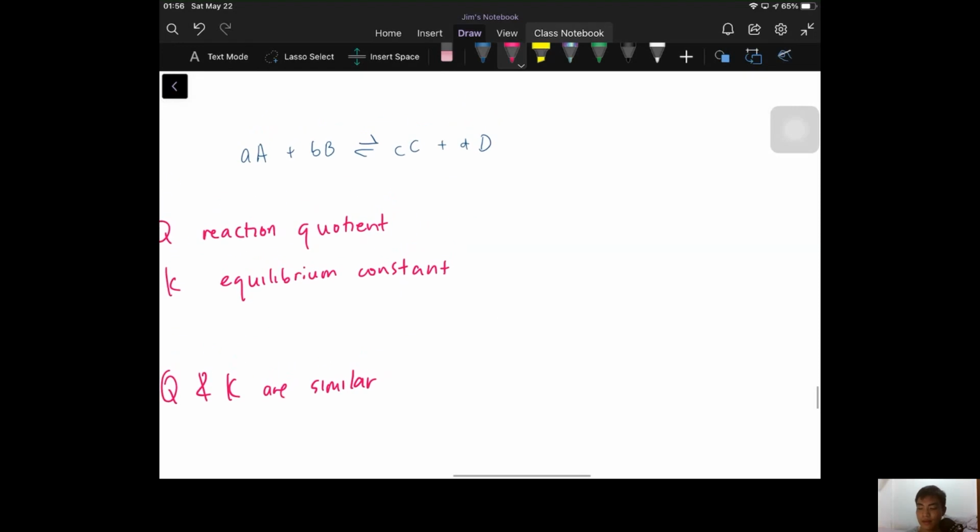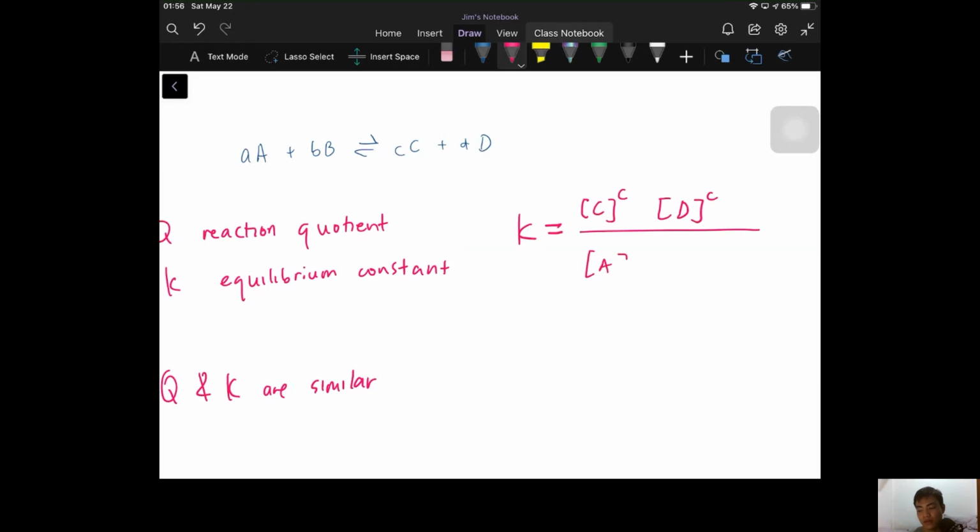Paano ko isusulat yan? Okay. So, umpisa tayo sa K, equilibrium constant. Kapag sinabing equilibrium constant, that's the ratio of the products over the reactants. No? Ano meaning ko dun? Yung concentration ng products, which is concentration of C, concentration of D, raised to their coefficients, yung small letters, divided by yung reactants.